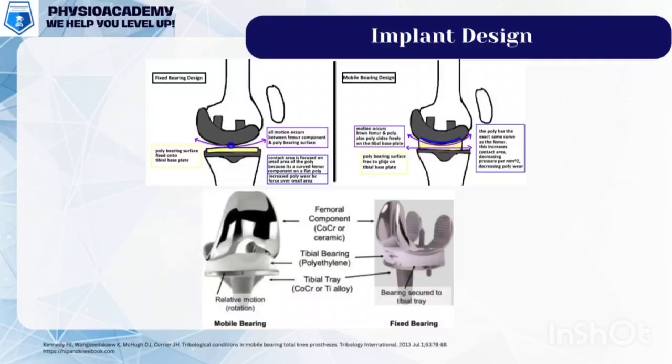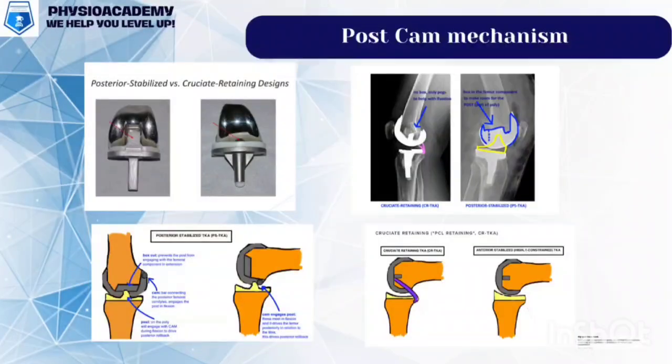The next subclassification according to implant design is cruciate retaining design or posterior stabilization design. Whenever there is severe damage to the knee ligament, specifically the posterior cruciate ligament, which cannot be managed with surgery, a cruciate stabilizing implant is used. As you can see in the left diagram, this is a posterior stabilization design of a TKR implant.